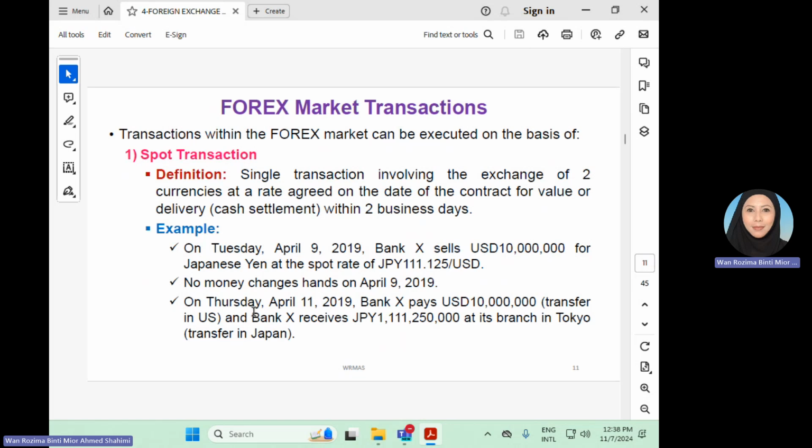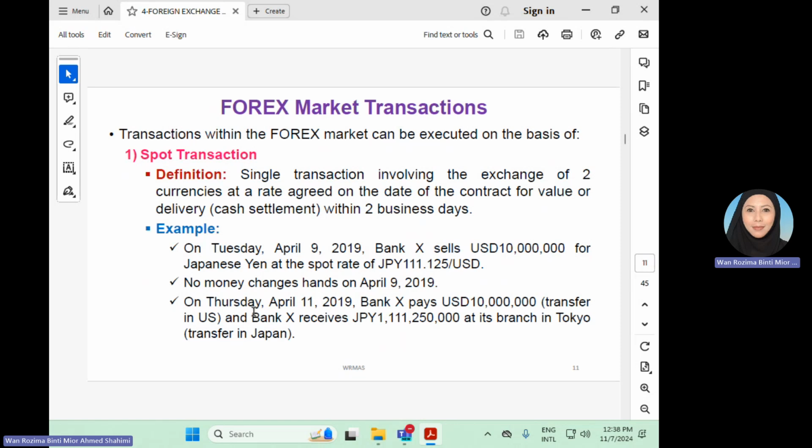So, as you can see, on Tuesday, April 9, 2019, Bank X sells USD 10 million for Japanese yen at the spot rate of Japanese yen 111.125 against USD.